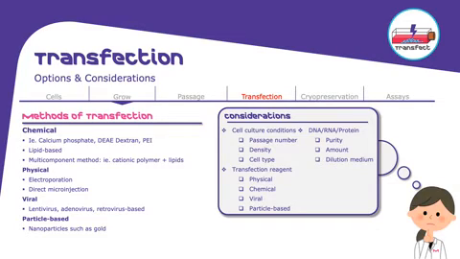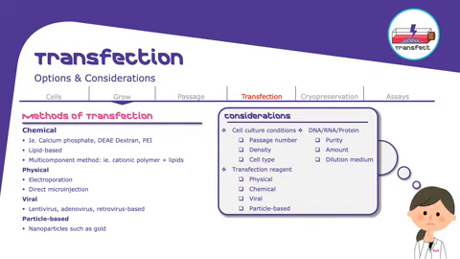The methods we currently have are chemical, and one of the most common is probably lipid-based transfection. There is physical transfection like electroporation. Viral methods are very popular, especially for stable transfection, because viruses tend to integrate into the host genome. Particle-based methods such as nanoparticles, such as gold, are also used.